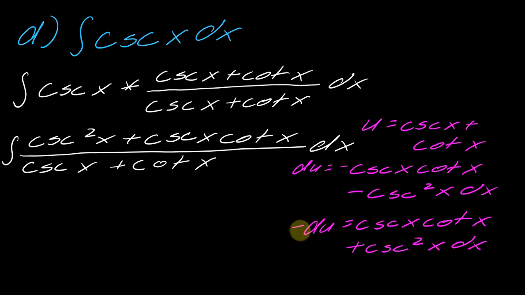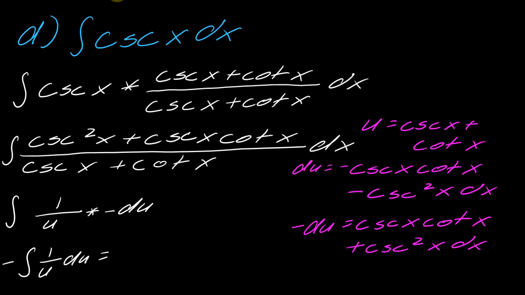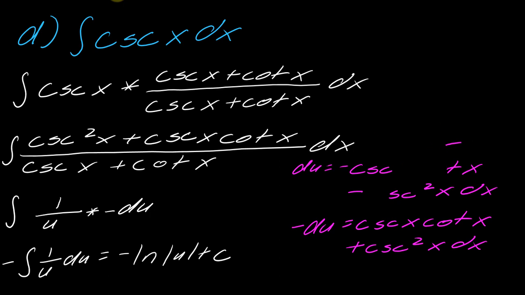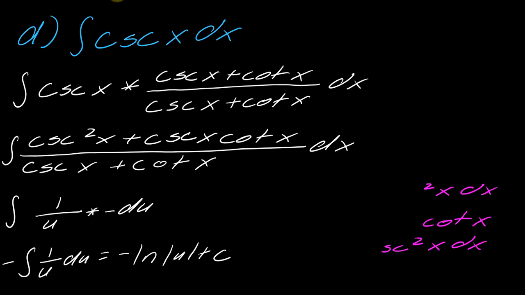So this is the replacement that I'm going to make. This will become 1 over u times negative du. And I've talked about in another video writing this out and then rearranging this. So this will really be negative 1 over u du. So this is the negative natural log of u plus c. I'm running out of room, so let me just clear off all of this so that I can finish it.